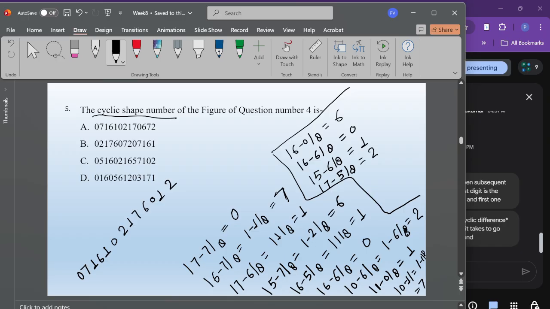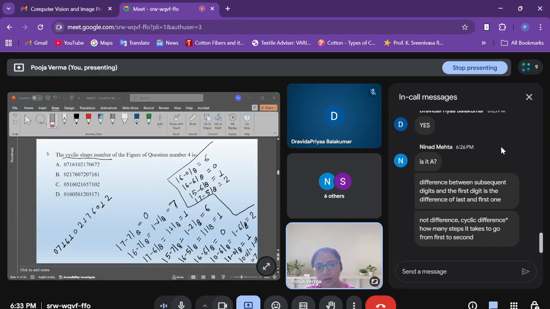Now what is our next step? What do we need to do? So can I remove this remaining part? Any one of you, have you understood how we are getting this one?